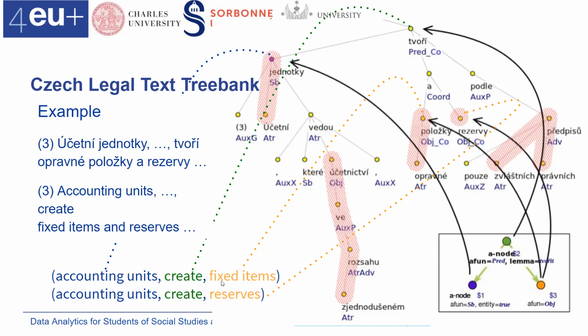And these triples are extracted by querying dependency trees. So both entities and relations are converted into tree queries. Here is an example of a query, and matching this query with a dependency tree. So information extraction is realized as matching of queries over the dependency trees.